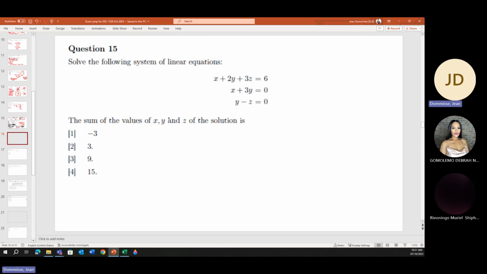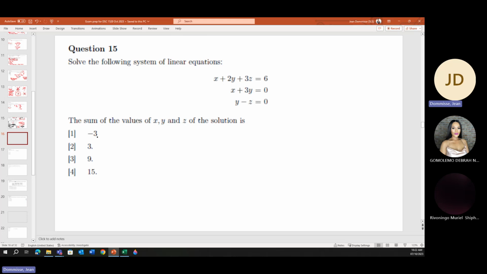Question 15. So question 15, we're getting 3 linear equations, and they can ask you in a few different ways. So they could have asked you what are the values of x, y, and z, and say that x is 1, y is 2, z is 3, or something like that.